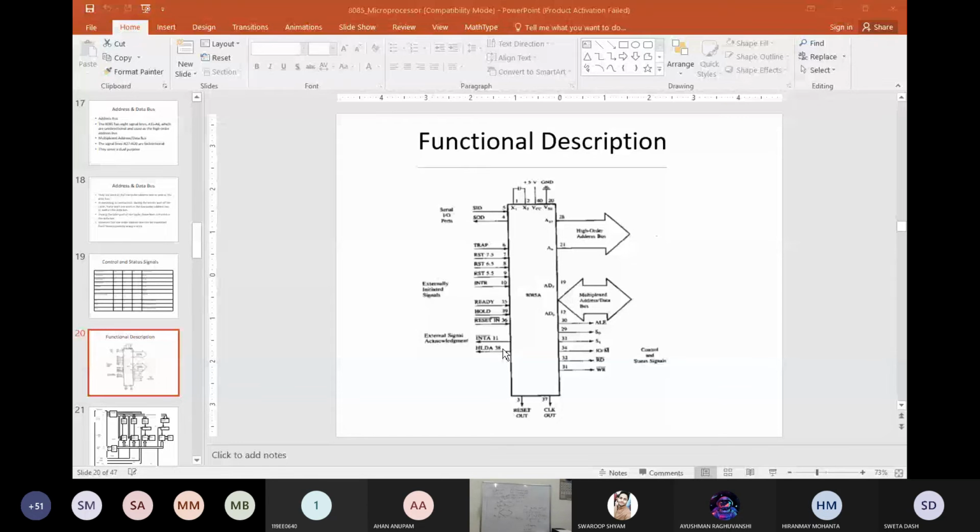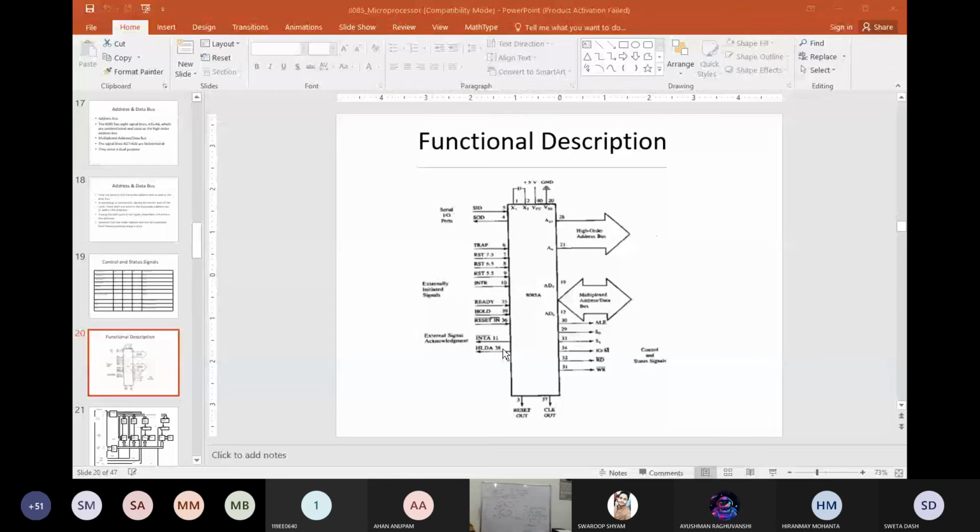Now see, I have 2 activities to do. This is memory based, internal based, and this is external based. Whether it is external or memory based, it has to identify. If it is memory, it has to identify the memory location. If it is external, it has to identify which peripheral is working there.